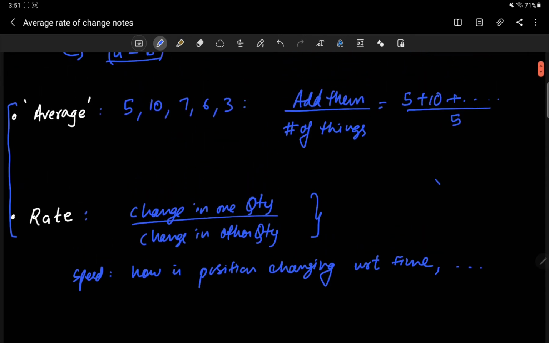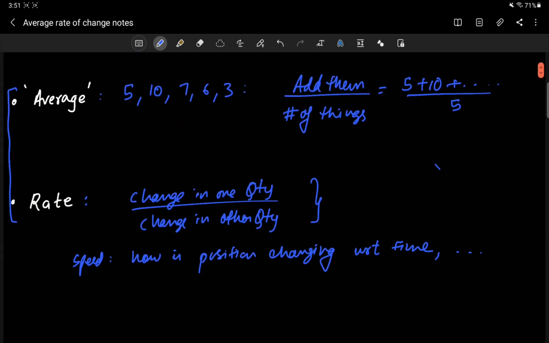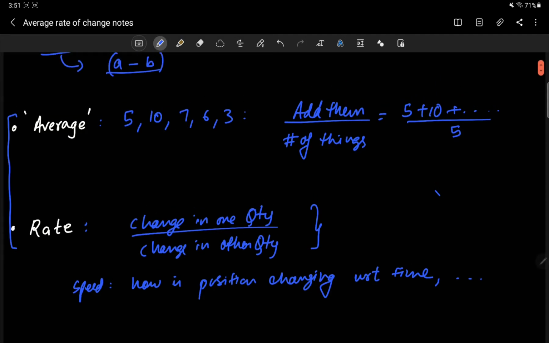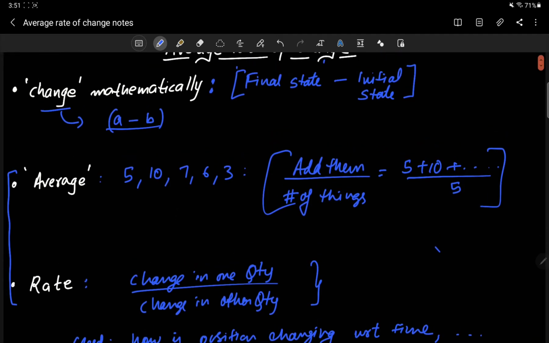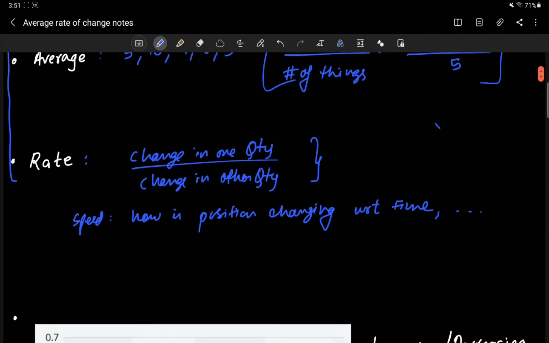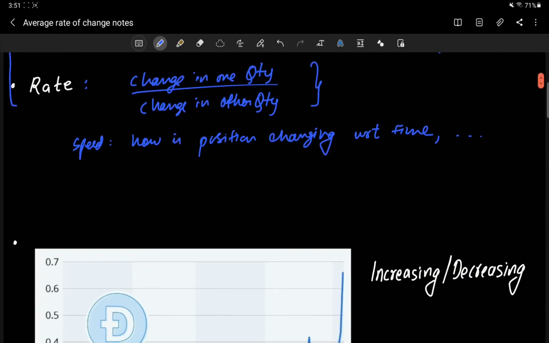Now the average rate is going to be something like an average of numbers, but it's going to incorporate change in a slightly different way. We're going to look at examples of those as we go on.